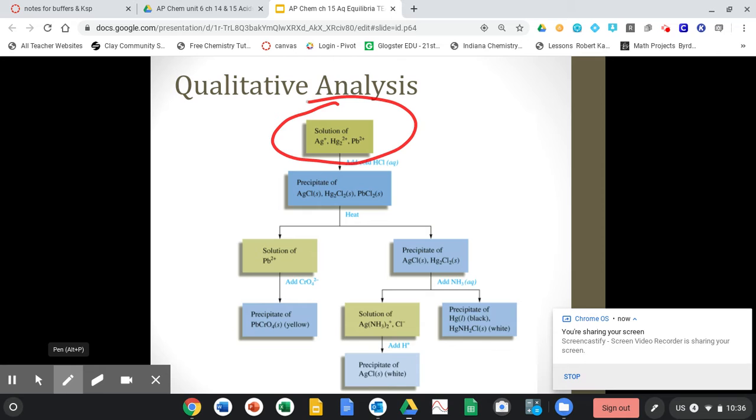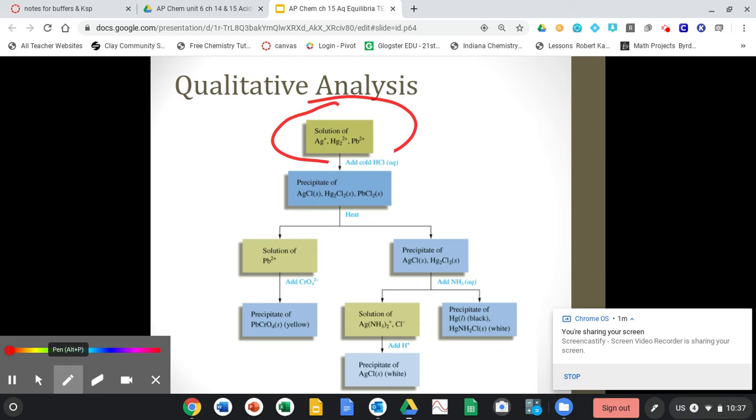And notice that they all are written as ions, so that means they would all be soluble, probably in the form of nitrates, because of those three ions, that's going to be the most soluble form. And so what you do first is you add cold HCl. That would just be basically room temperature HCl. And all three of them will precipitate.